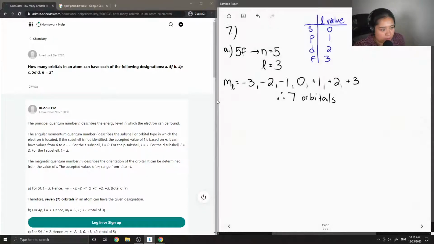Okay, so let's do the same thing for B. For the 4p orbital, n is equal to 4, L is equal to 1. So that means our mL value ranges from -1 to +1. So that means there's only 3 orbitals.